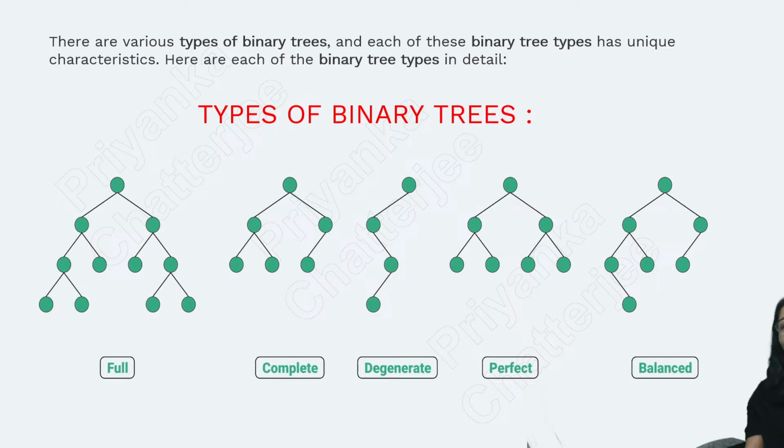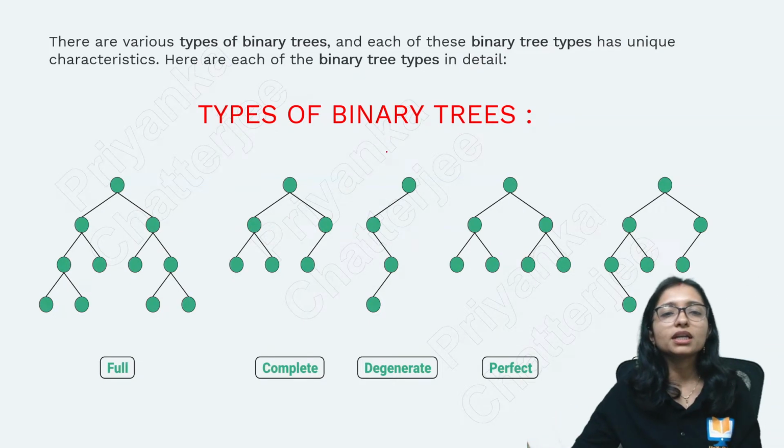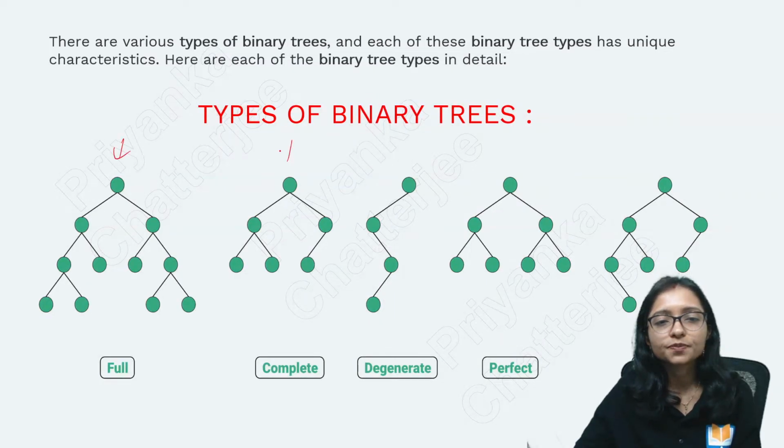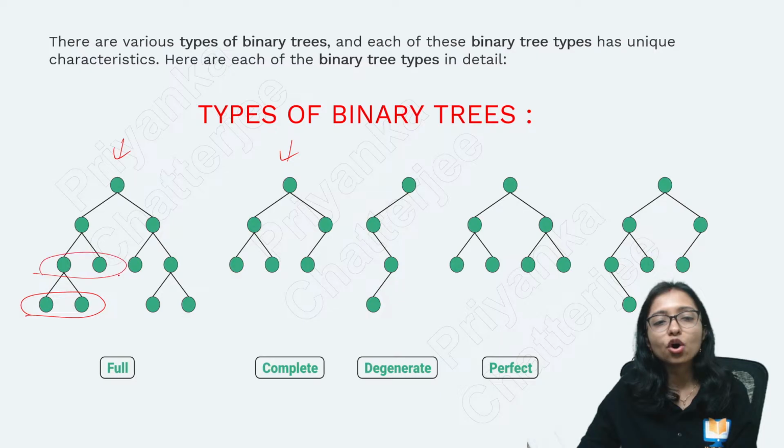Now from binary tree, maximum questions are coming, and maximum time students are getting confused between the types of binary tree. Full binary tree, complete binary tree, degenerated binary tree, perfect binary tree, balanced binary tree. What is the difference here? Mainly the confusion is coming between complete and full. Always remember one thing, full means there are always either 2 children or 0.